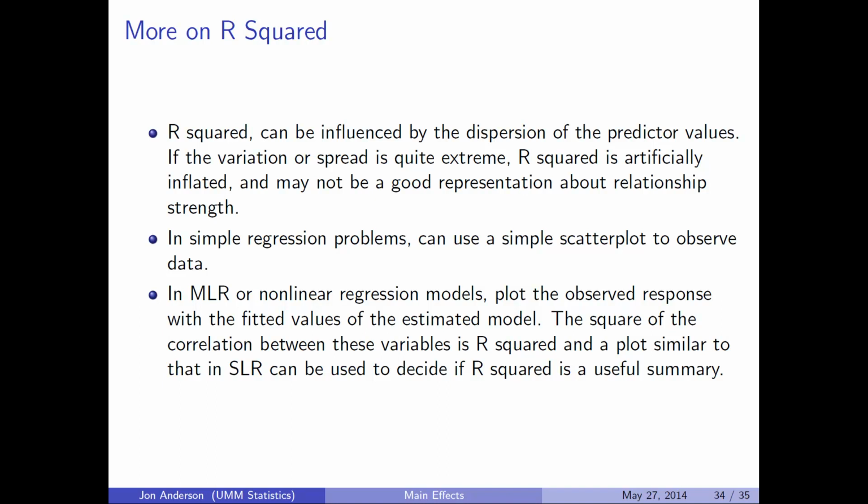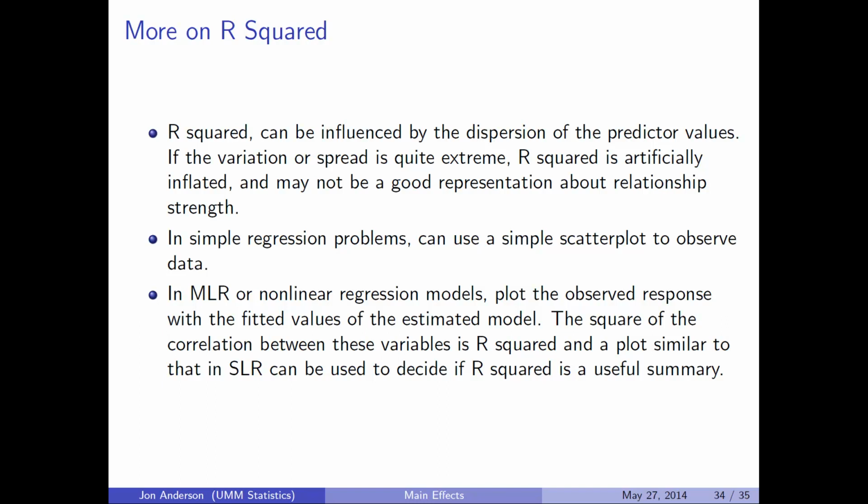The final issue we're going to mention here is R squared. We've talked about it and used it in some of our problems. I want you to be aware that R squared can be influenced by the distribution and the arrangement of your predictor set. So if you have very widely dispersed predictor values, like some of the ones we saw in our fuel data, R squared can be artificially high and artificially inflated and not really provide an accurate representation about the strength of relationship between the predictor set and the response.